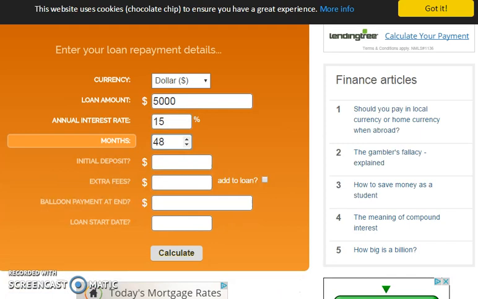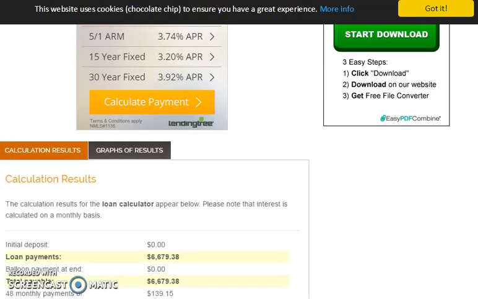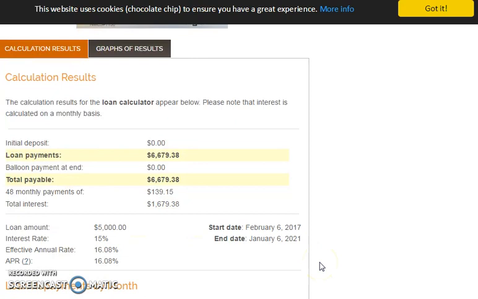Okay, the only difference between these two loans is the length of the loan. The term is 2 years and 4 years, but the principal amount and the interest rate is the same. So let's calculate these and see what we get here. So now we're looking at 48 payments of $139.15.